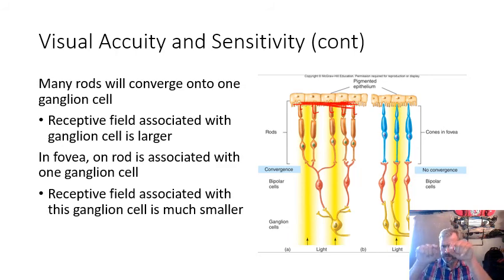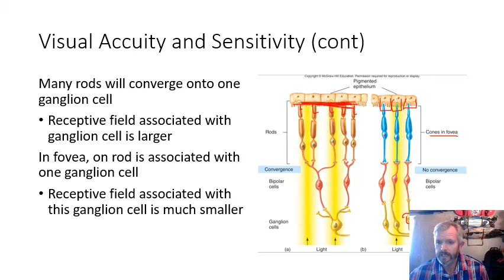That's not going to give us very sharp vision if different light sources are coming in here. Whereas for the cones in the fovea, it's usually one cone to one ganglion cell being activated.